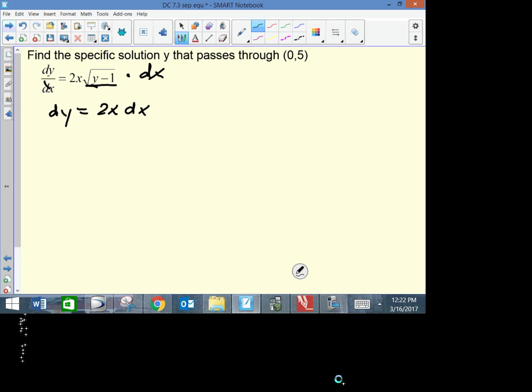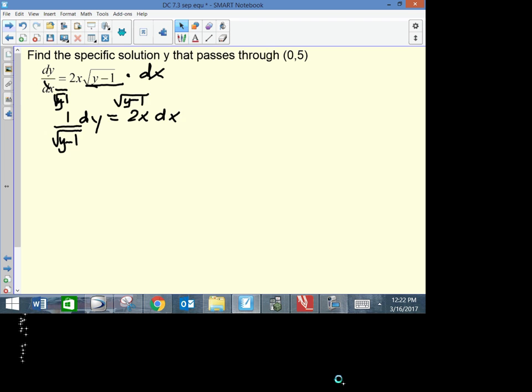Now this has got to go, so we have to divide. If I remember correctly, you all got confused when we put the dy right on top, so I would write it like this: the y minus 1 underneath the dy, but scoot it over so it's 2 pieces. Okay, we are ready to integrate.